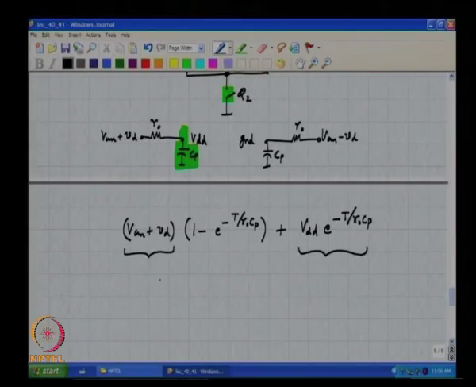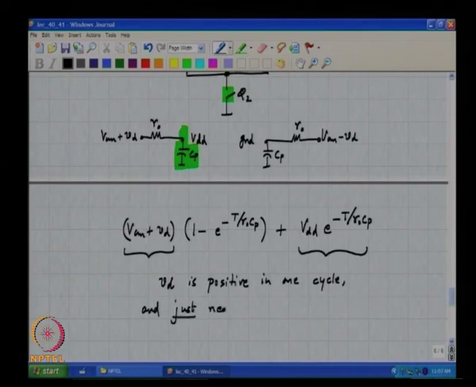You understand? So, in other words, this is terrible when VD is positive in one cycle and just negative in the next.